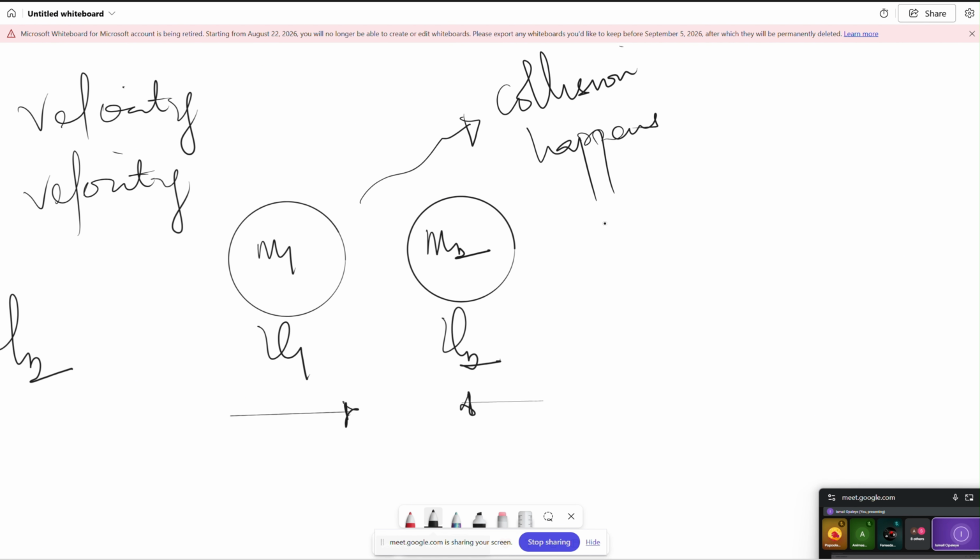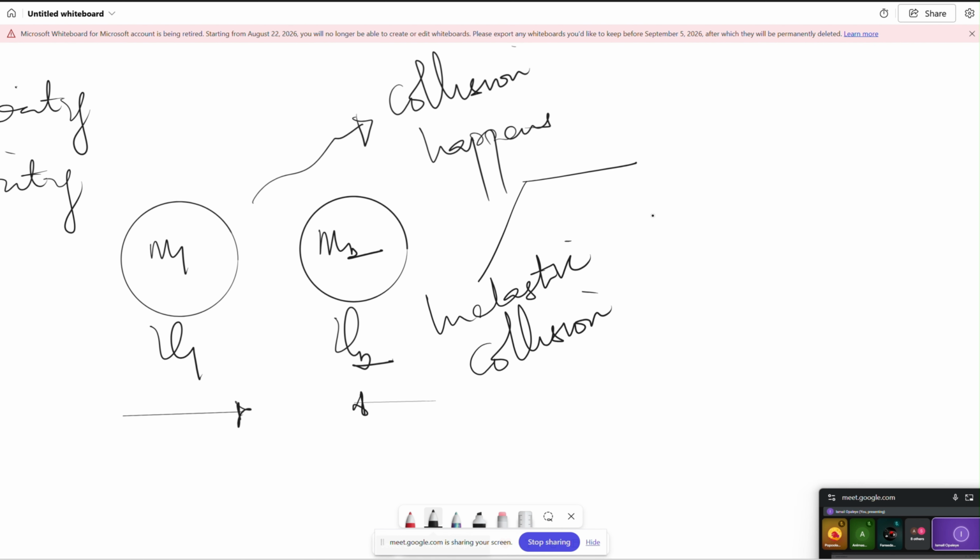Now the kind of collision that happens here will be divided into two cases. Maybe an inelastic collision, we are still going to see that shortly as we progress in the presentation, and maybe an elastic collision. What does it mean? Talking about inelastic collision, the two objects move together.